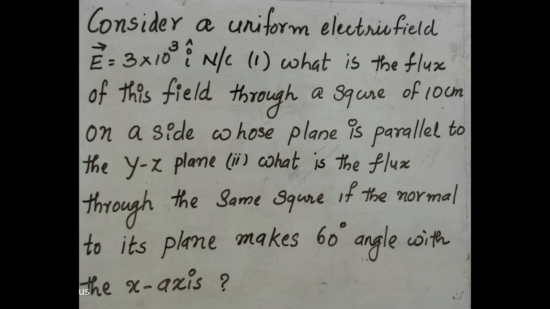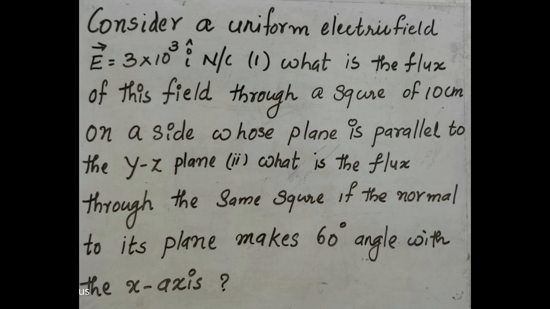First question: what is the flux of the field through a square of 10 centimeter on a side whose plane is parallel to the YZ plane? Second question, that is B part: what is the flux through the same square if the normal to its plane makes a 60-degree angle with the x-axis? So that's the question.